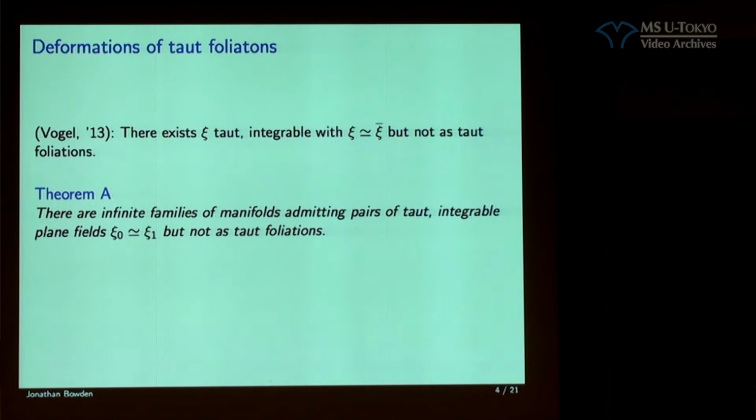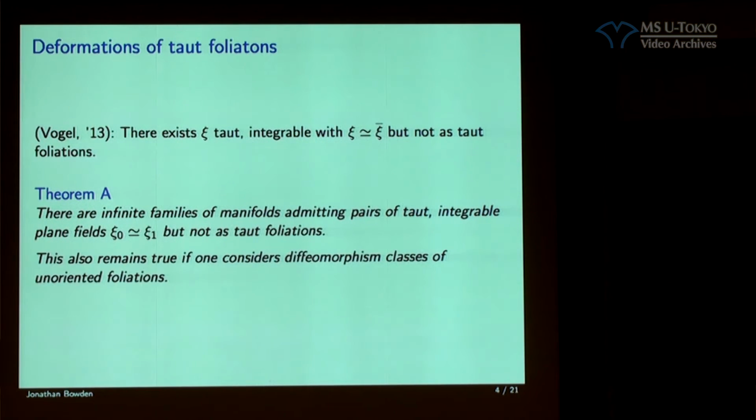However, if you add something else, then this becomes more difficult. So this result up there indeed remains true if you allow yourself diffeomorphisms as well as deformations, and if you forget about the orientation. So this orientation there is not so important.